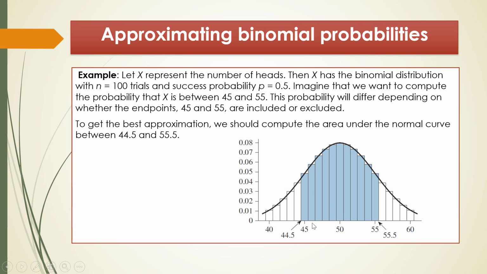So we have 1, 2, 3, 4, 5, 6, 7, 8, 9, 10, 11 rectangles, the shaded rectangles. However, if we use the normal curve and compute the area from 45 to 55, we have half of the first rectangle and half of the last rectangle. So when we add them together, we basically have only 10 rectangles instead of 11.